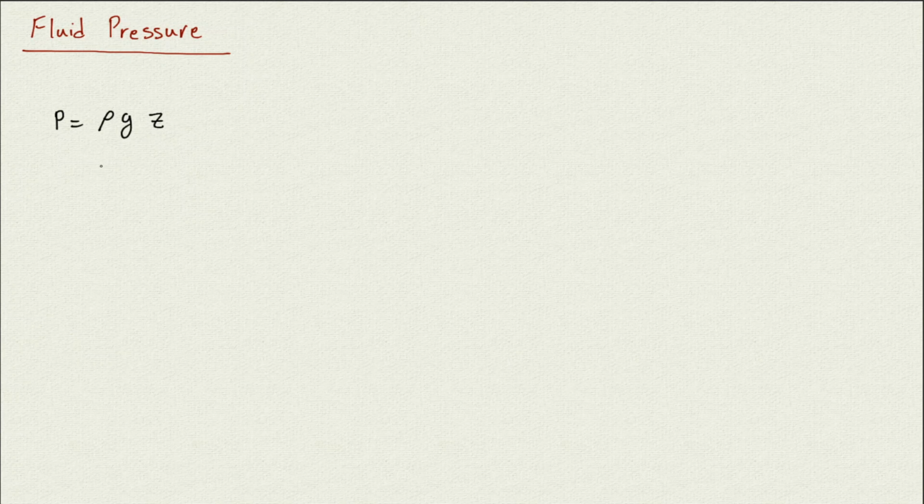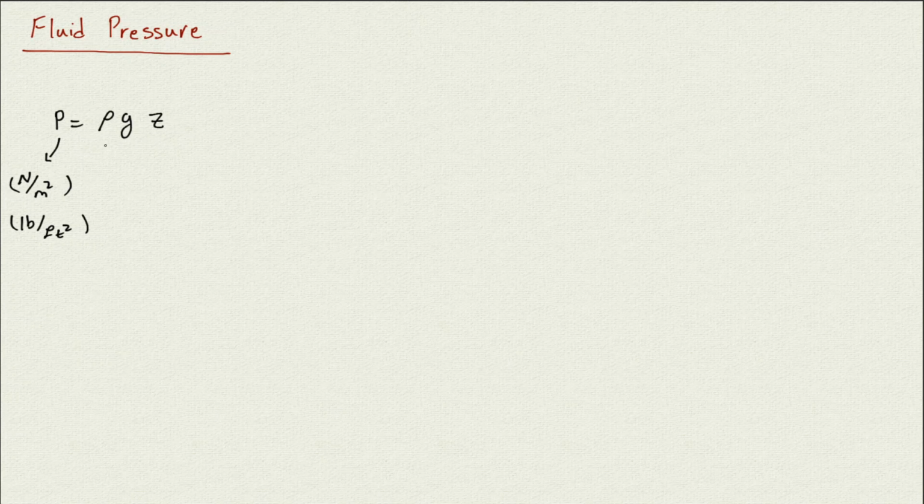P is the pressure, and it is always in Newton per square meter if you are dealing in the metric system, or in US customary it's going to be pound per square feet, so it's going to be either this one or that one.